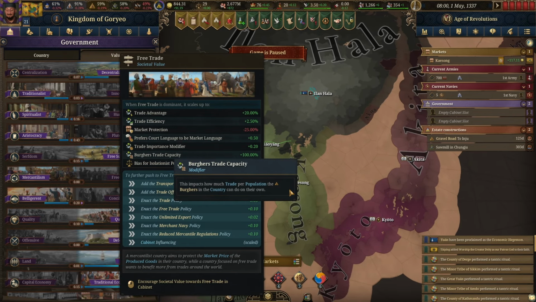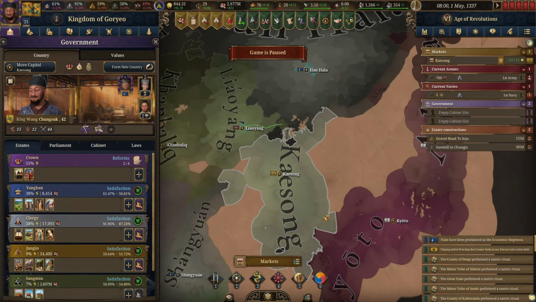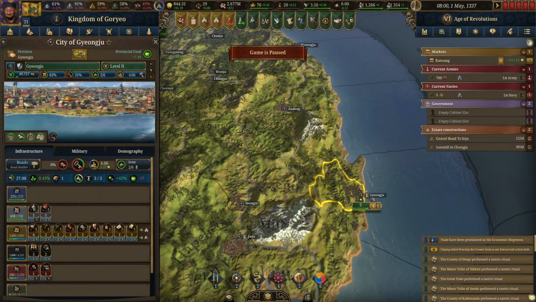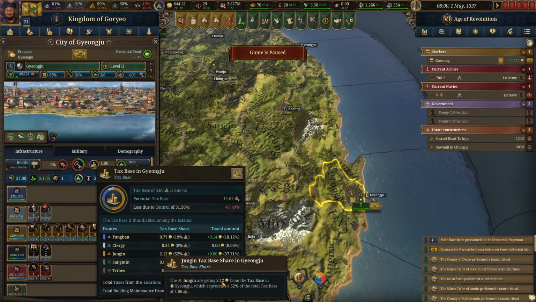It will go straight into the burghers' coffers, which I suppose they may pay a little tax on. For example, if we look at this location here, we've got our tax breakdown. As you can see, burghers are most of the tax share from here. Unfortunately, we can't see a breakdown of where exactly their money comes from, but a fair amount of that is coming from them trading goods.